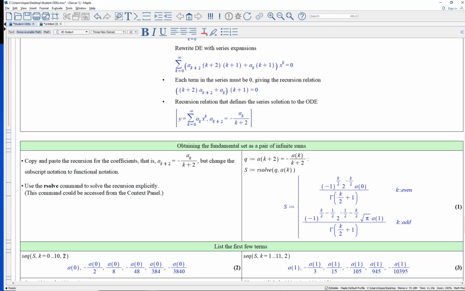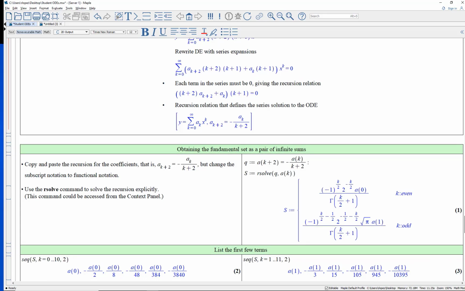So 0 to 10 by 2, so you get 2, 4, 6, 8, 10. Everything is a multiple of A0, and you can see what the coefficients are. And then you do 1 to 11, going by 2, you get 1, 3, 5, 7, the odd ones. And so everything is a multiple of A1, and you get these coefficients.